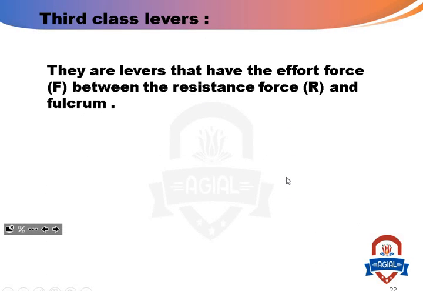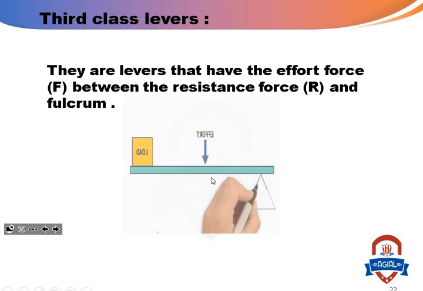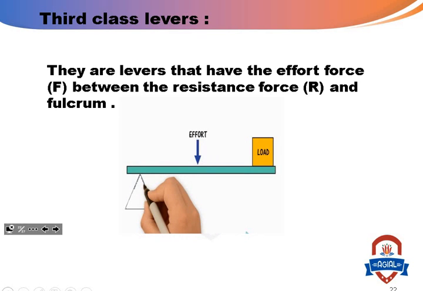Third class levers. What's the meaning of third class levers? They are levers that have the effort force between the resistance force and fulcrum. So in the middle is the effort force.